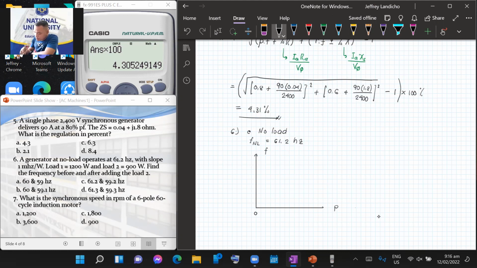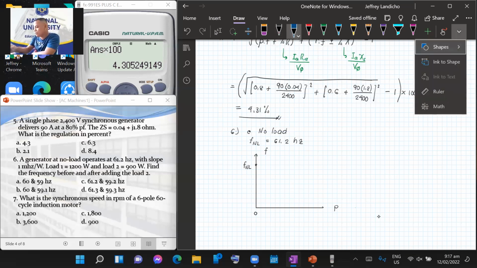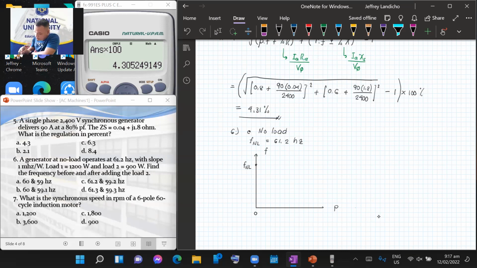At no load, meaning at zero on our x-axis, the frequency is the no load frequency. We know that as load increases, speed definitely decreases, and since speed and frequency are proportional, the frequency decreases too. That is what the straight line characteristic describes.